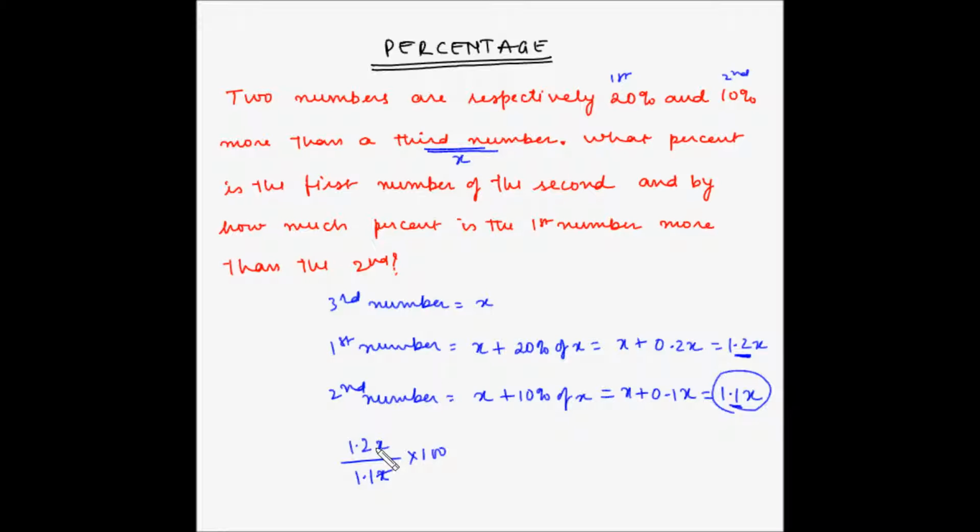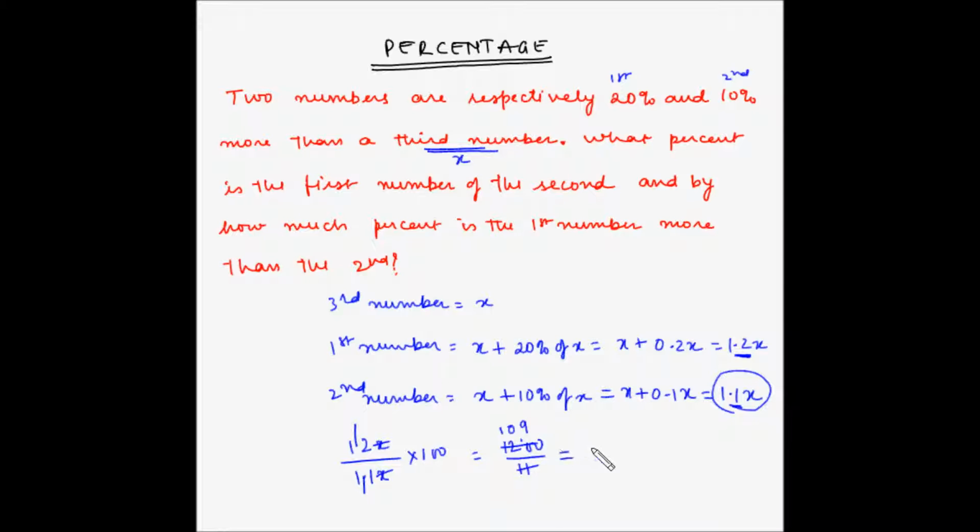So this x gets cancelled with this x, decimal gets cancelled with this decimal. So this becomes 1200 divided by 11, which is equal to, 11 ones are 11, 1 gets carried over here, and then 0, and then 11 nines are 99.